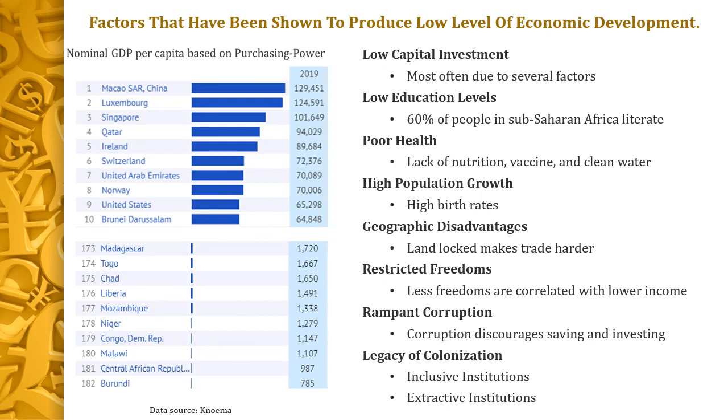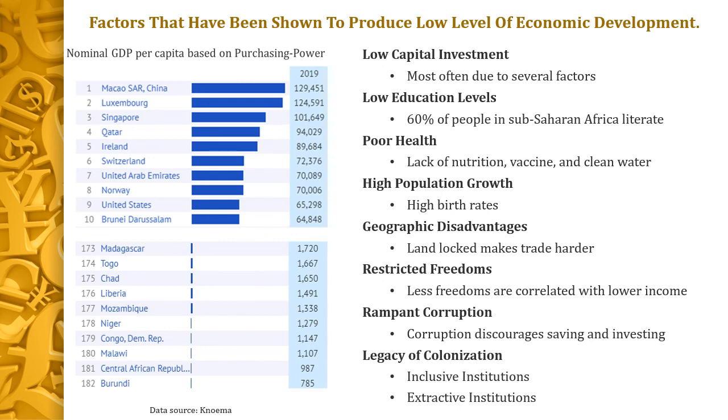And those they planned on staying. They always planned on being there. And so they're going to bring those institutions. But when they went to other countries, a lot of times in Africa and some in South America, they did not bring those inclusive institutions. They brought authoritarian governments. They were designed to basically just use the population, use the natural resources. And once that area was used up, they expected to leave.